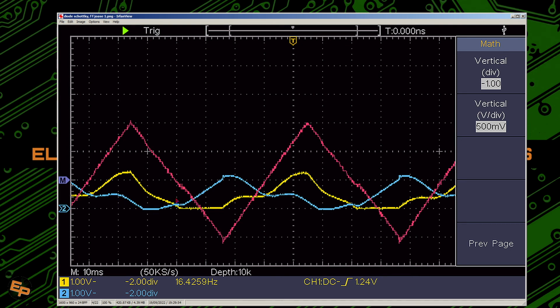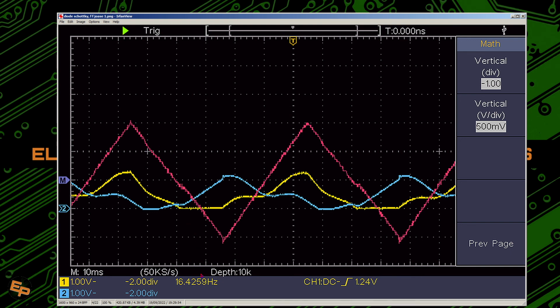The input waveforms seem to be a bit weird. They are no longer triangle waves. But it's not a problem because overall the whole circuit still does its job properly, and we see with the magenta that the output signal is still triangular shape.